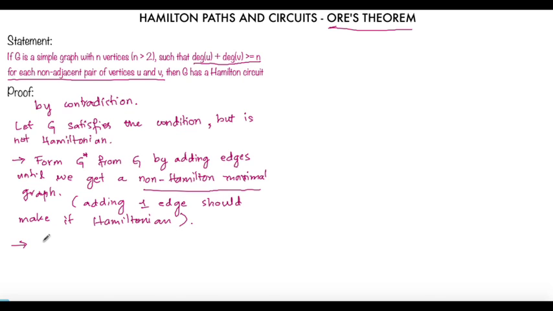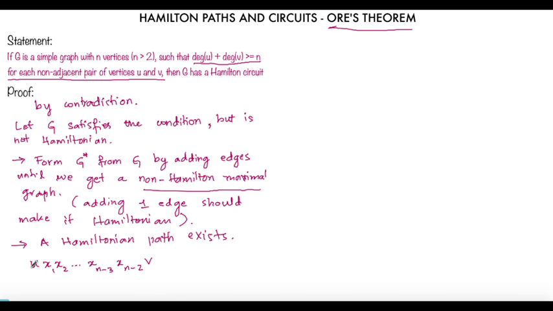So this means that a Hamiltonian path exists. Correct? Let's say the Hamiltonian path exists like this. U is the starting vertex, then we have intermediate vertices, and then V is our final vertex.